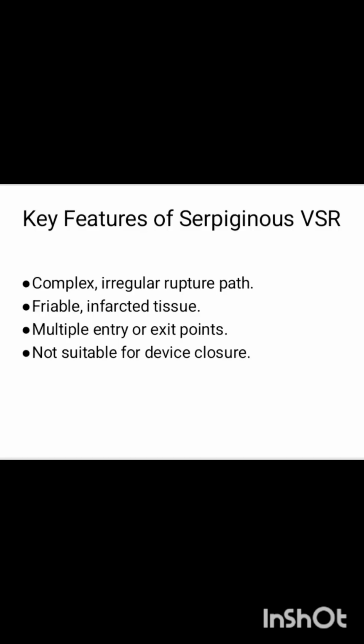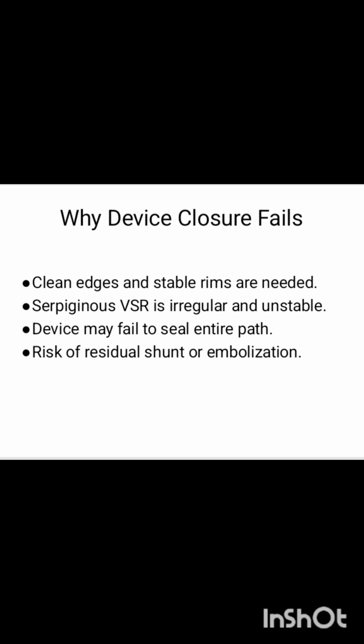Features of serpiginous VSR: a complex and irregular rupture path, friable infarcted tissues, multiple entry and exit points, not suitable for device closure. Why does device closure fail? Because clean edges and stable rims are needed for device closure, but in serpiginous VSR there are no clean edges and stable rims.